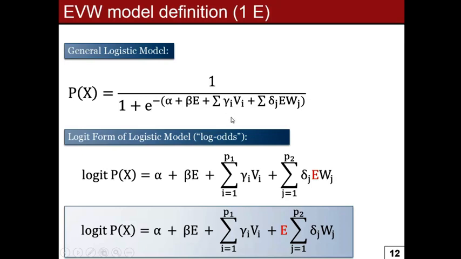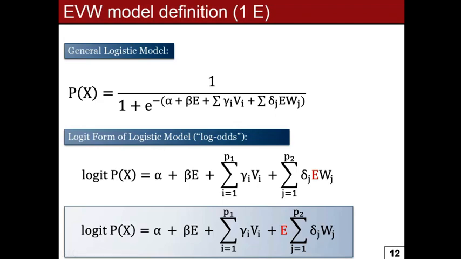We're just going to write it as alpha plus beta times exposure plus the sum of all the gammas times the V's plus the sum of all the deltas times the EW terms. This now says I've got a model with an intercept, an exposure, confounders, and effect modifiers. That is your epi universe all in one equation.